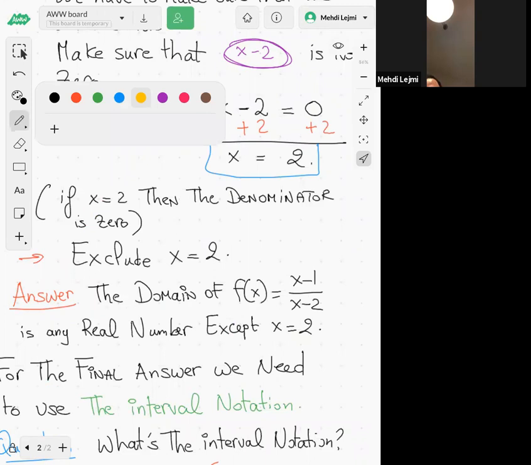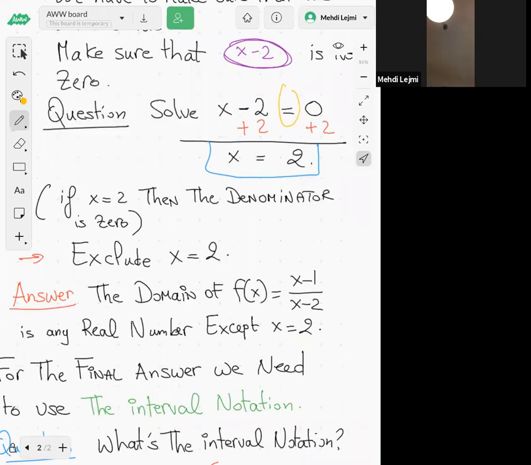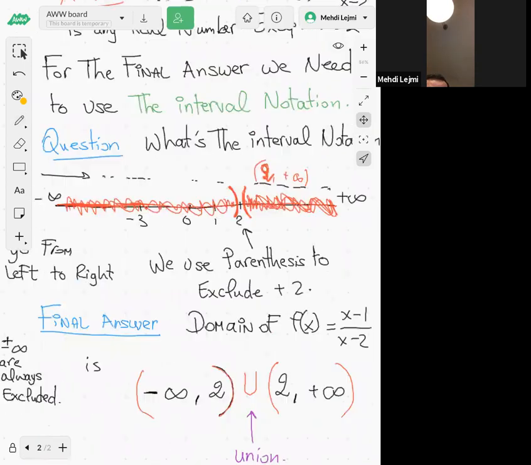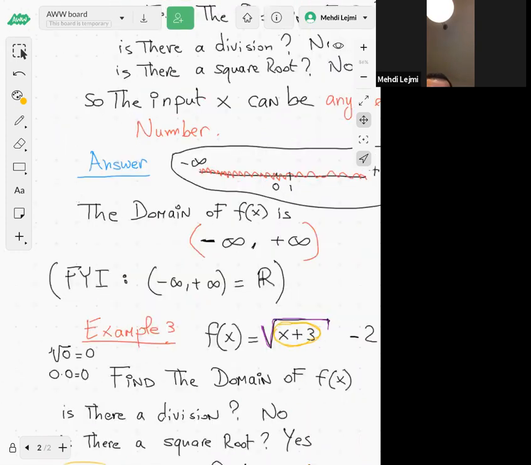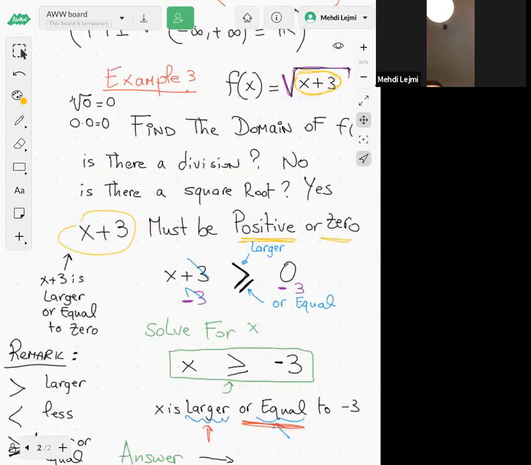So whenever you have a division, you're going to have some equation to solve, something equal to 0. When you have a square root, you have to solve an inequality, something larger or equal to 0. Like here, I had x plus 3, and I had to make sure that this is larger or equal to 0, so I had to solve this inequality.